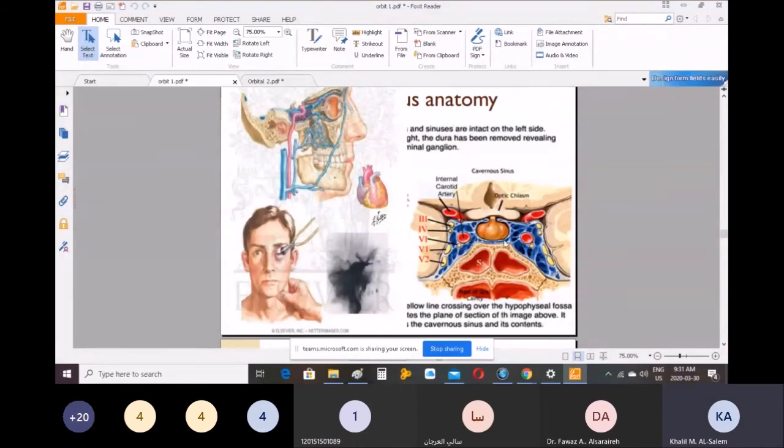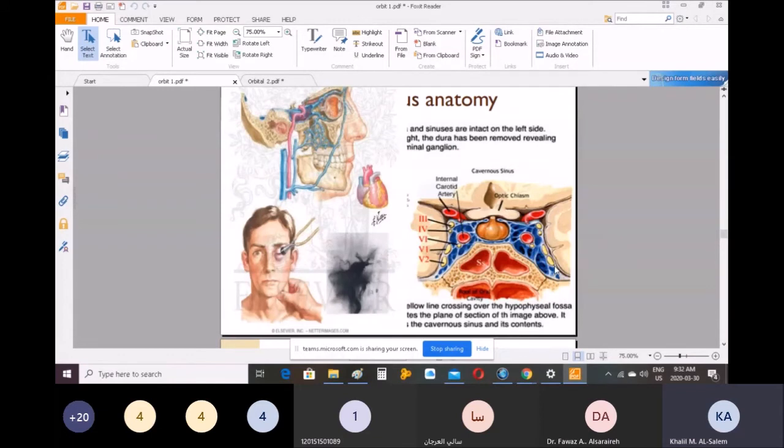Now, it's important that if you have rupture of the artery, which has a positive pressure and fairly high positive pressure, it can reach up to 50 millimeter mercury, into a minus pressure, this will cause compression of the nerves that are found on the wall of the cavernous sinus.